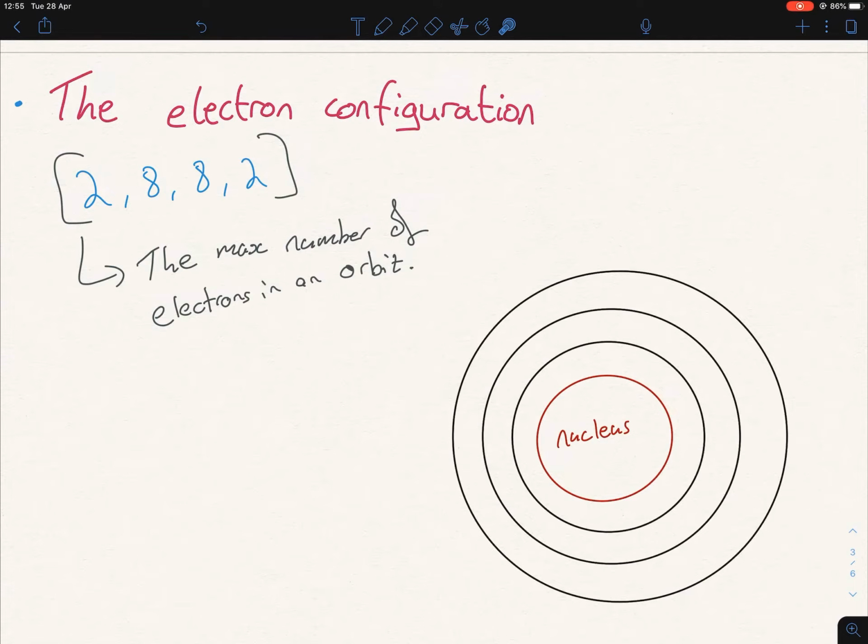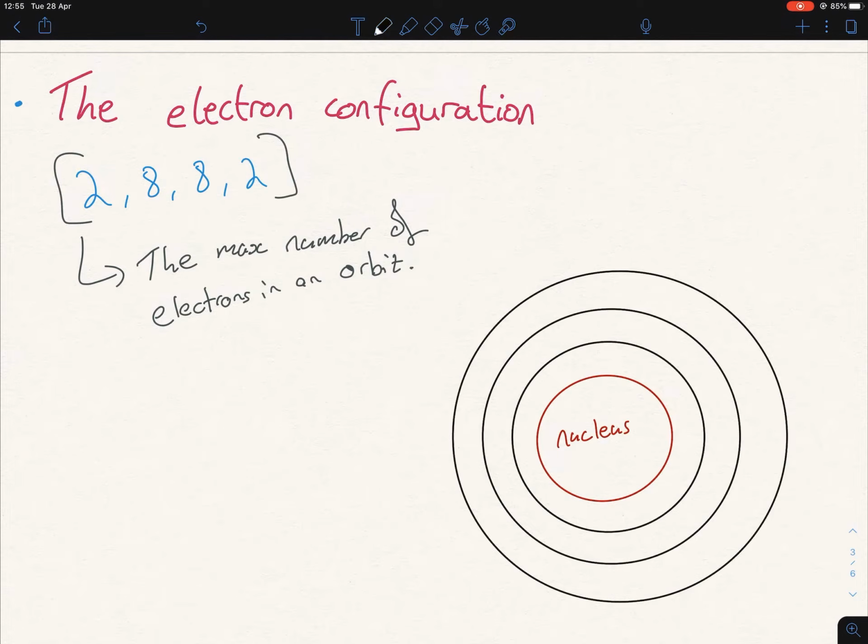So this is the first orbit here, and there's a max of 2 electrons that can go there. In this orbit over here, there could be a max of 8 electrons, and for this orbit over here, there can also be a max of 8 electrons.